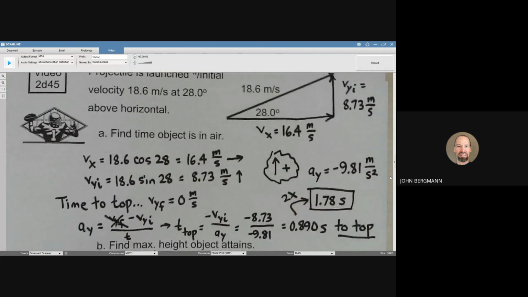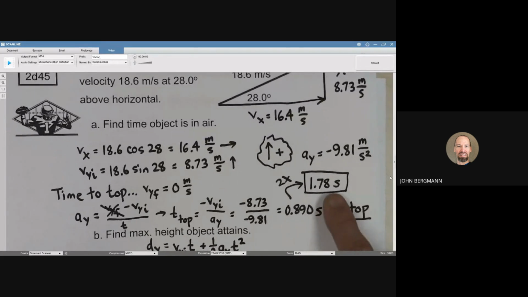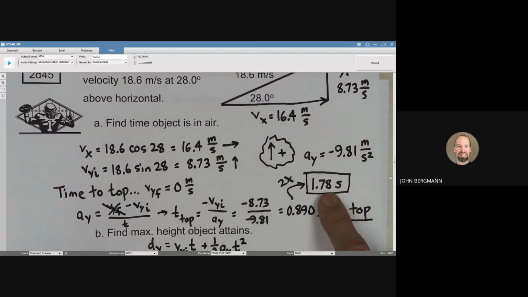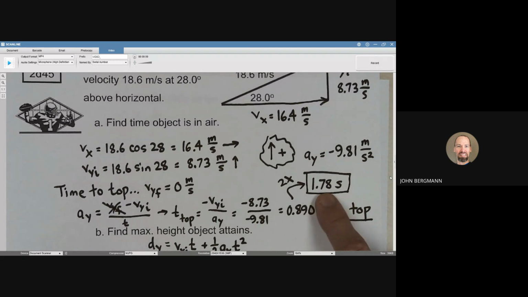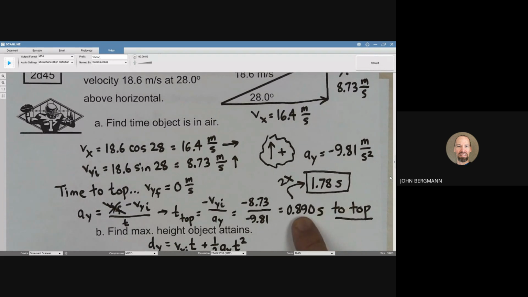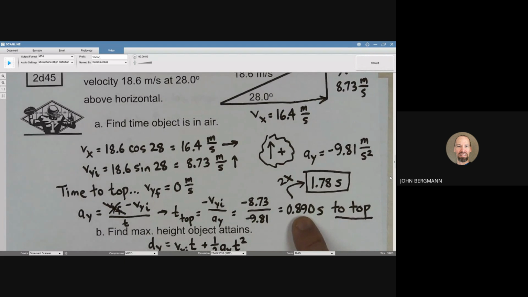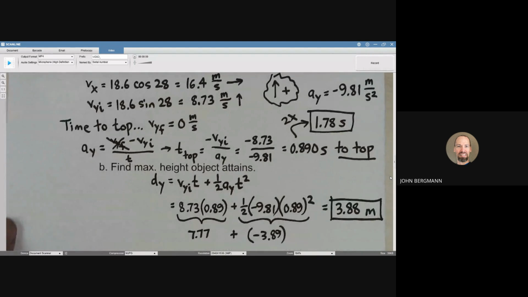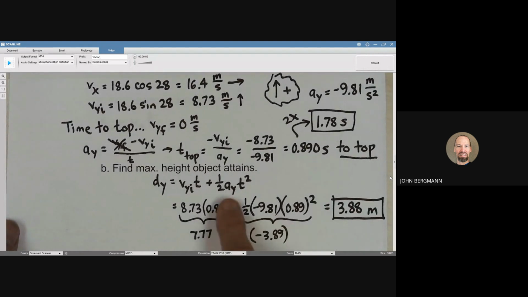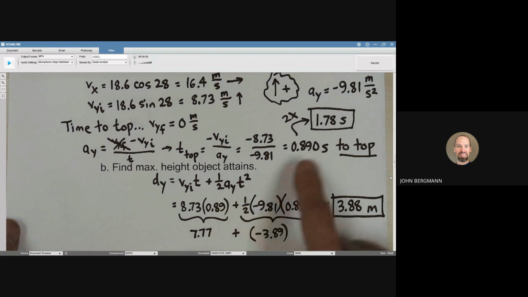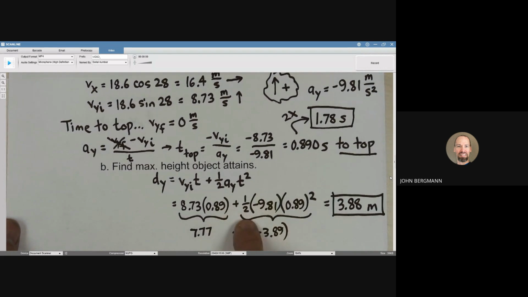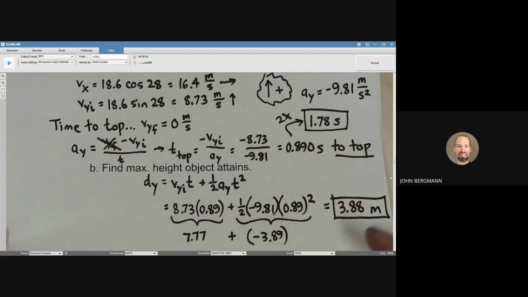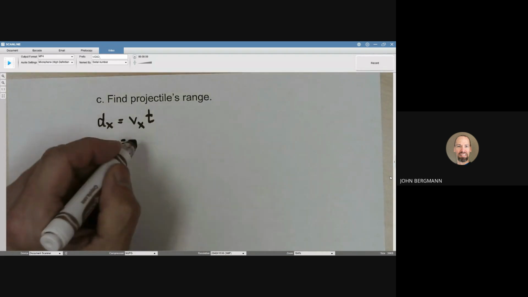And if we want the total distance horizontally, we're going to have to use the total time, 1.78 seconds. This 0.89 was the time that it takes to get to the top. And so that was the time that we used when we were calculating the maximum height, because that was the time that was involved there. But to calculate the total range, you need the total time.